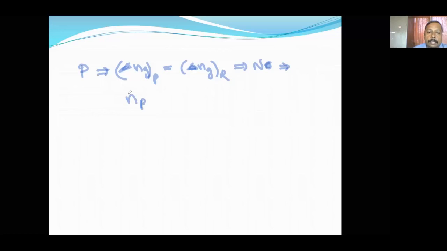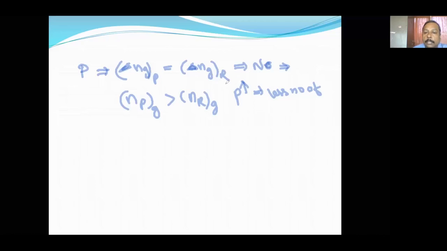But let us take the number of moles of product in the gaseous state to be greater than the number of moles of reactant. When pressure is increased, equilibrium will shift to the side with fewer moles. Here the reactant side has fewer moles, so it will go in the backward direction.